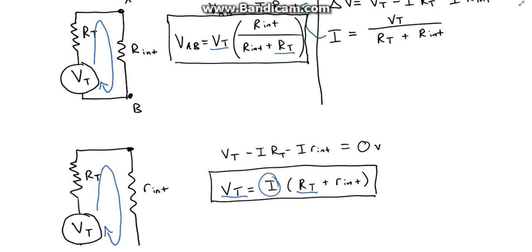I also know the internal resistance of my ammeter, and I know the internal resistance of my voltmeter. Okay, I'm not asked to find either of those. So we're in a situation now where we have two equations and two unknowns. So it's just a matter of solving a system of equations to find what the Thevenin voltage and the Thevenin resistance are.